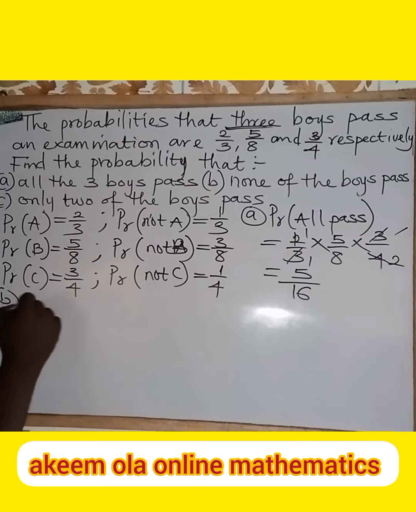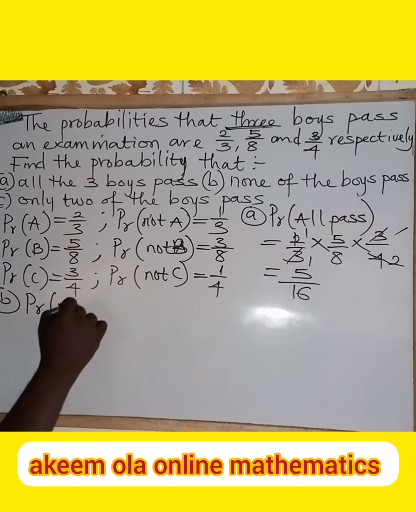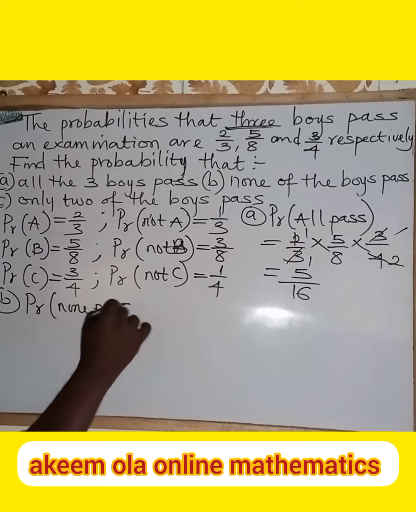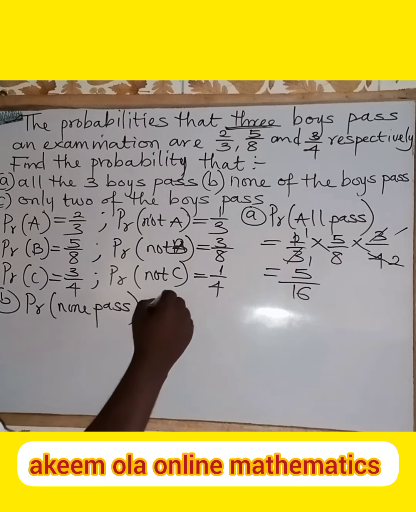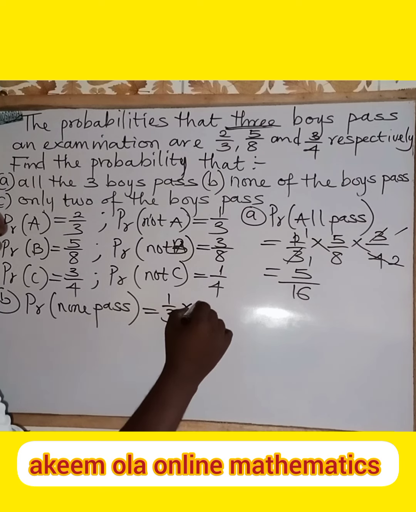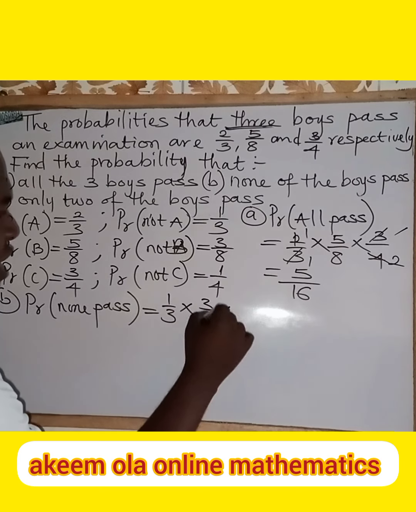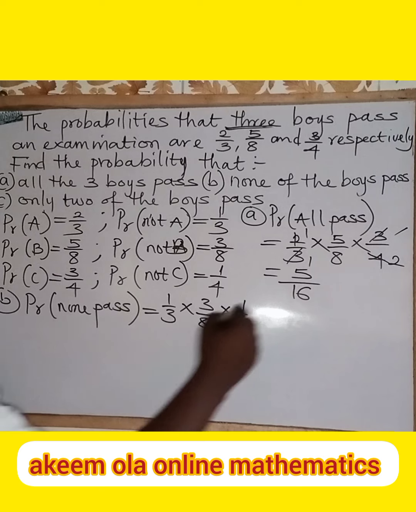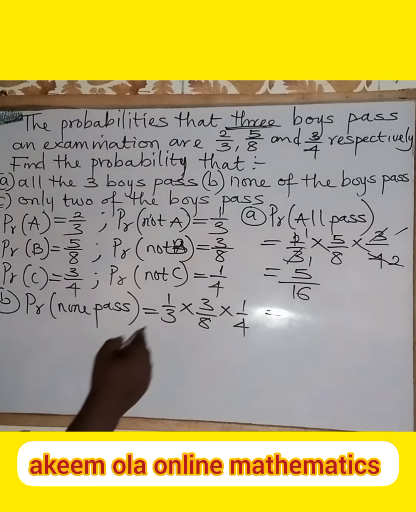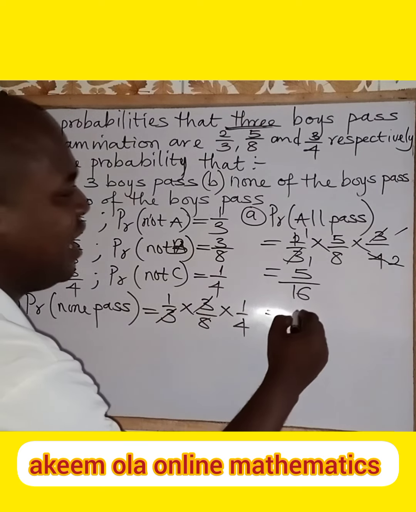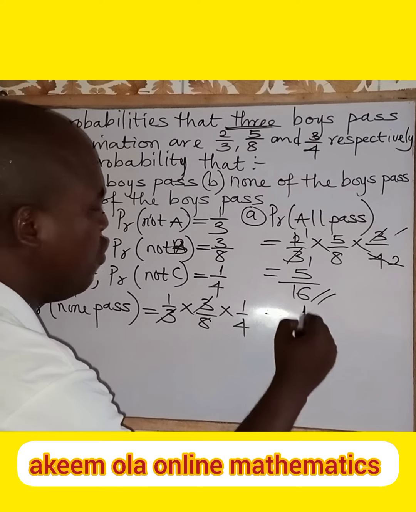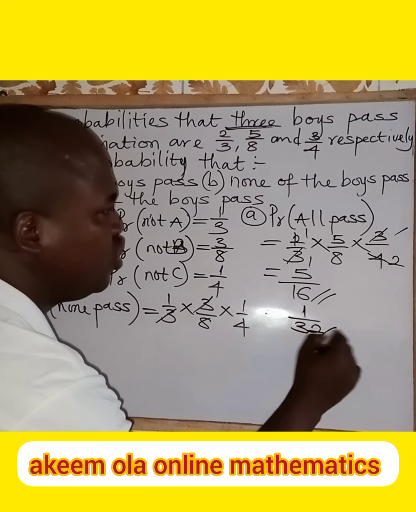That means I'm going to have P of none pass to be equal to 1 all over 3 times 3 all over 8 times 1 all over 4. Then we can now reduce to the lowest term. 3 we cancel, and the answer will now be 1 all over 32.